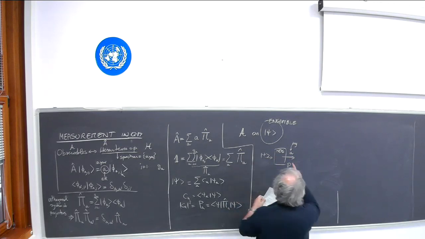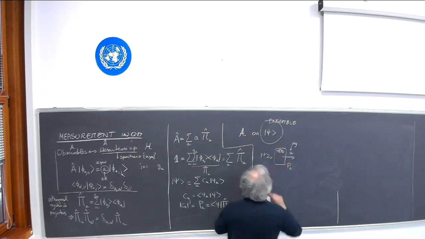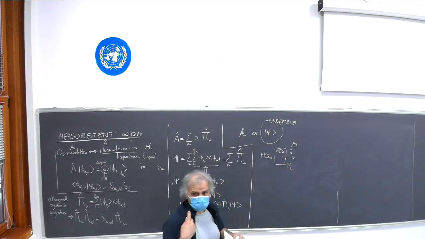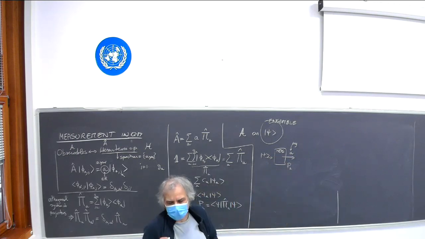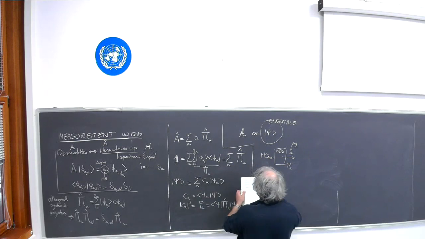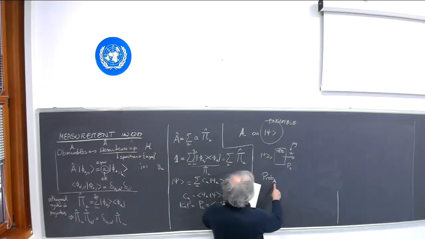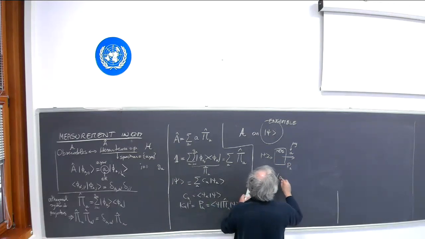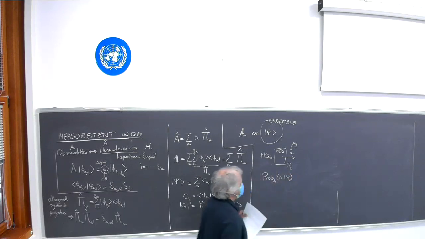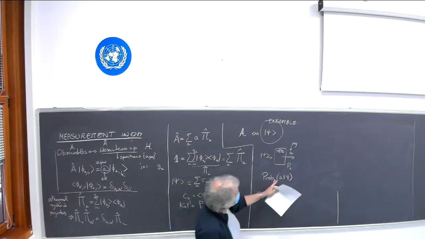So according to the theory, I can not only measure, I can always measure things, but I can predict what this probability is. And the theory tells me that the probability of measuring, in a measurement of the observable A, the eigenvalue A, given the fact that I prepared the state psi, is... is this notation clear?